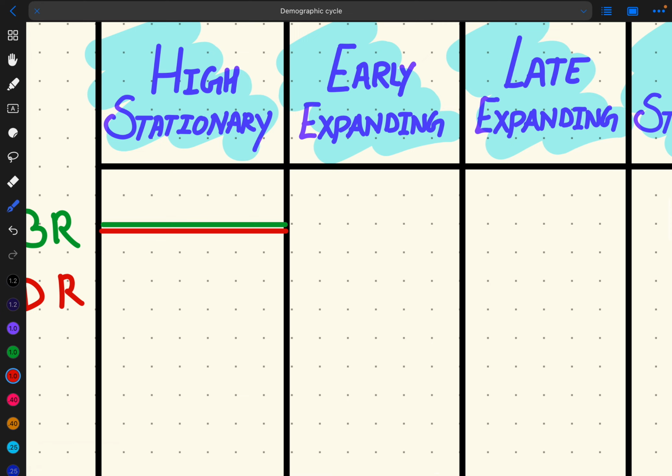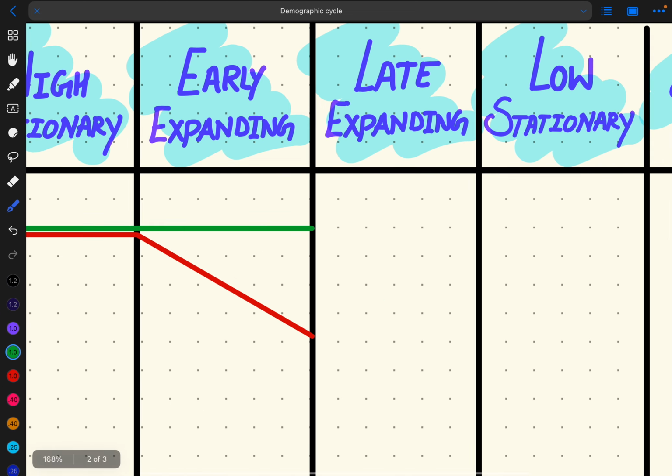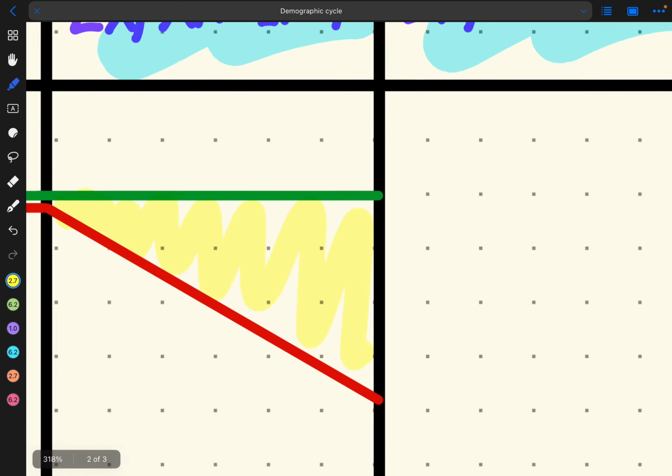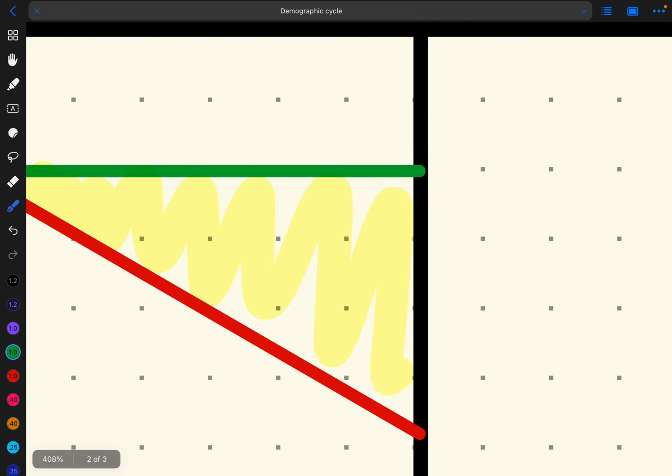Then in early expanding we can see a great dip in death rate, but birth rate is the same, meaning growing. We can see here is a gap, right? This represents expansion of population.